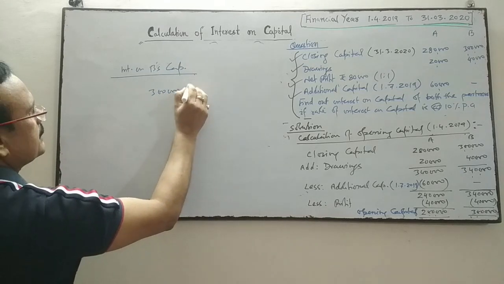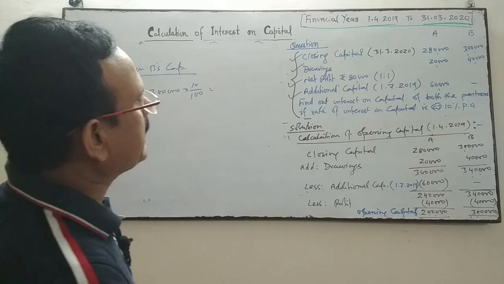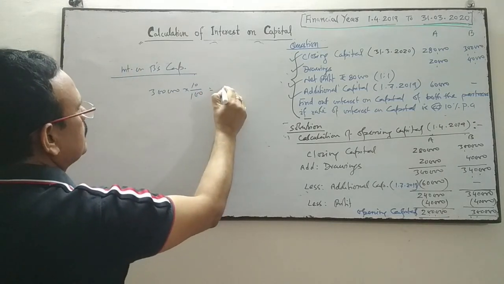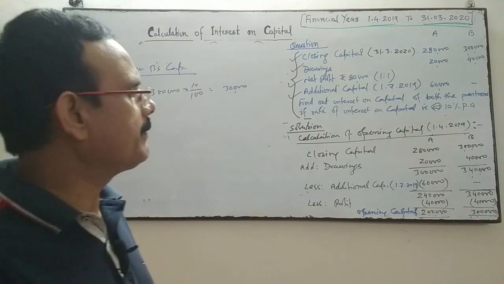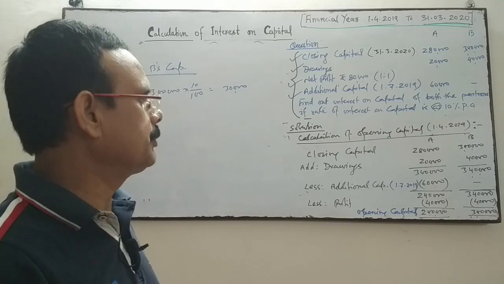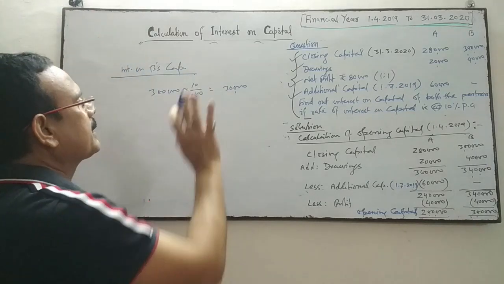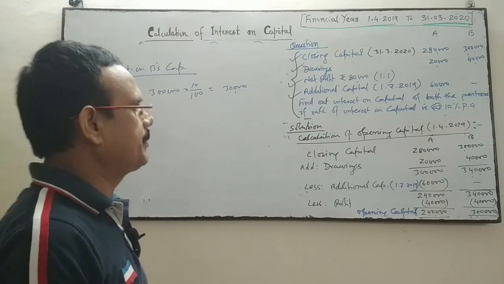Rate of interest is 10%. B has not given any additional capital during the year. So this one is used for the whole year. So 30,000 is the interest on B's capital. Because B has not given any additional capital during the year, it is a simple calculation, opening capital into rate of interest, that is 30,000.